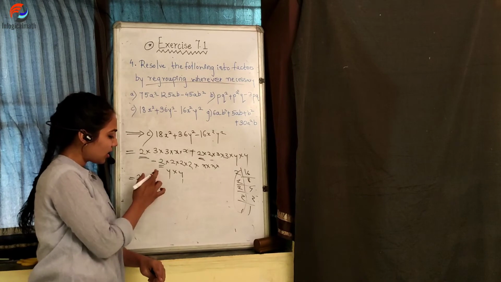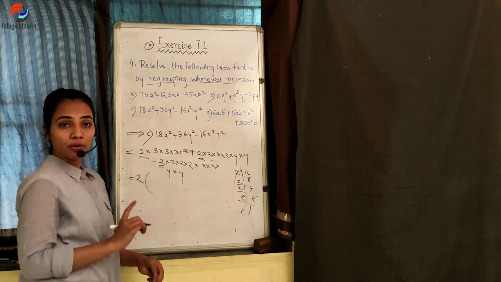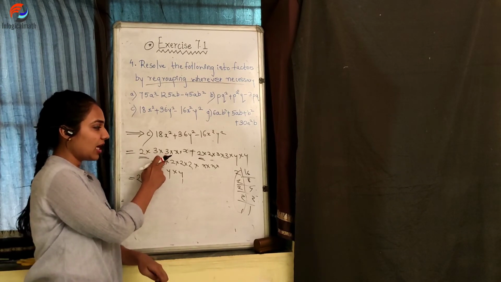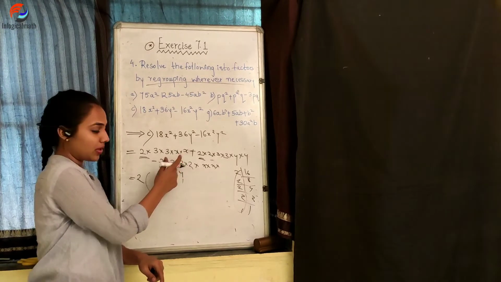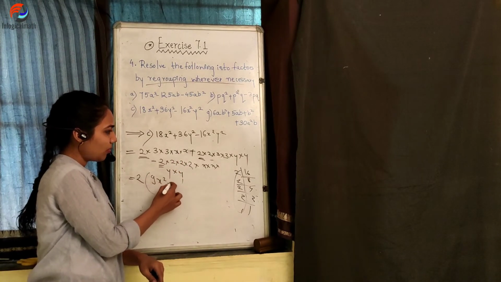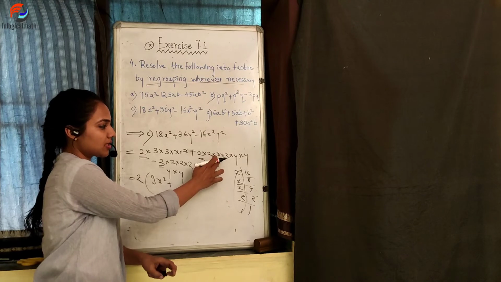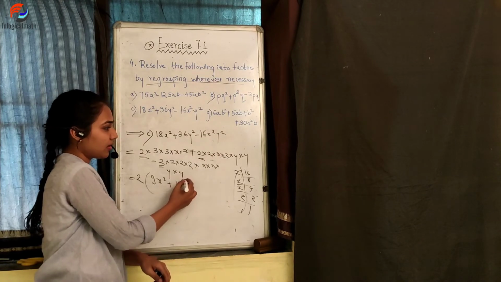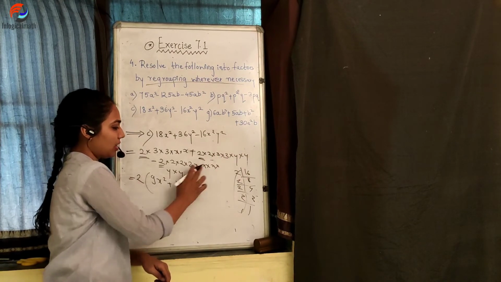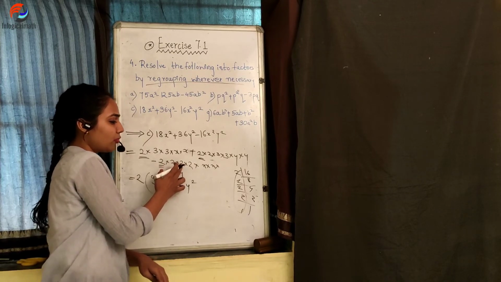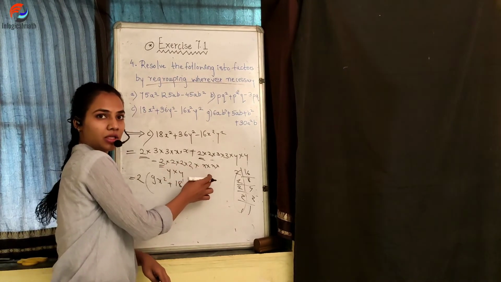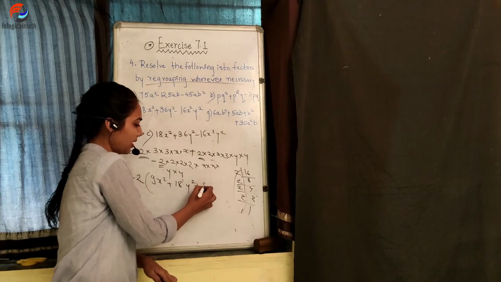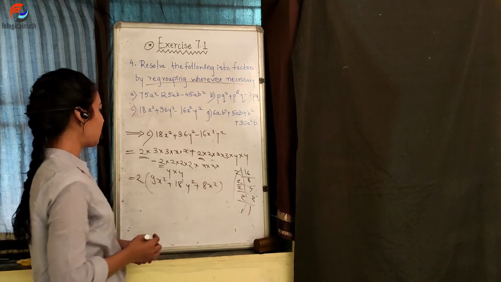So 2 is the only common factor. So what is 3 multiply 3? 9. X multiply x is x square. So 9x square plus 2 multiply 3, 6. 6 3s are 18. Y square, y multiply y. Now 2 multiply 2, 4 multiply 2 is 8. X multiply x is x square, minus 8x square y square. So this is the factor of C.